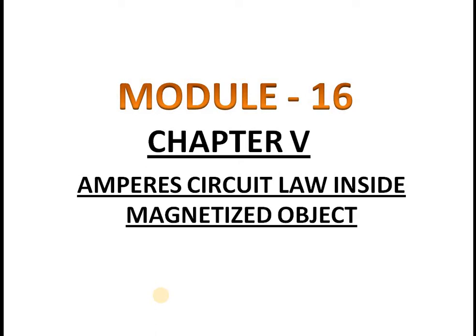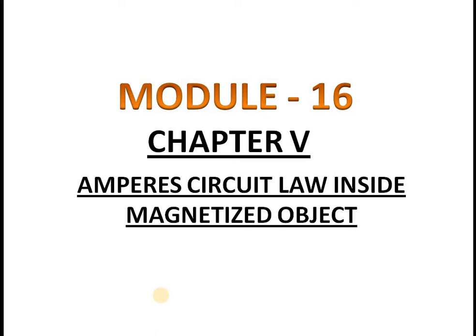One is due to surface current, secondly due to volume current, isn't it? The magnetic field around the magnetized object will be one due to the surface current that exists on the very outer surface, and secondly due to the bound current or volume current, which we denoted with JB.